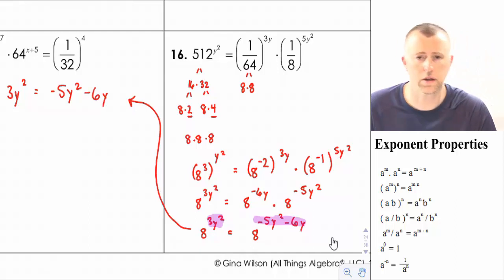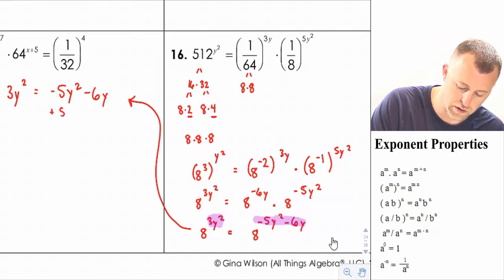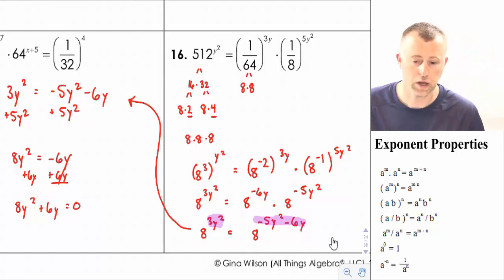So this is a quadratic equation again, as you can see, so I'm going to set this equal to 0. I'm going to add 5y squared to both sides. So that's going to give me 8y squared equals minus 6y, and I'm going to add 6y to both sides. Those are going to cancel, so you get 8y squared plus 6y equals 0.